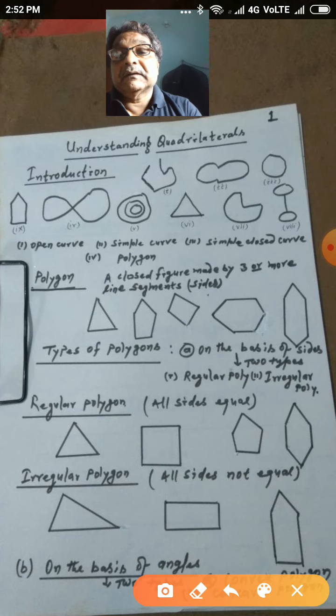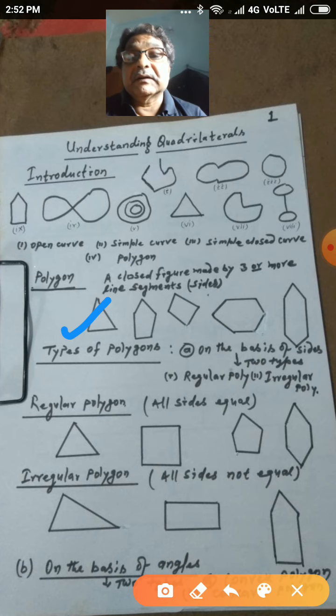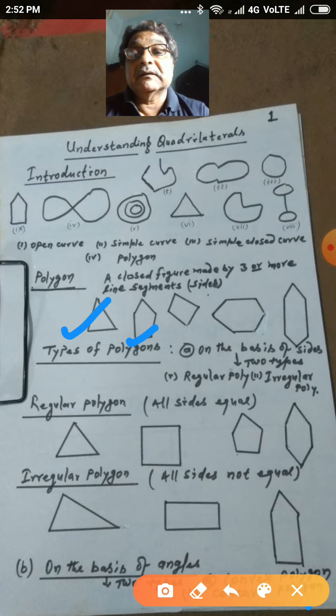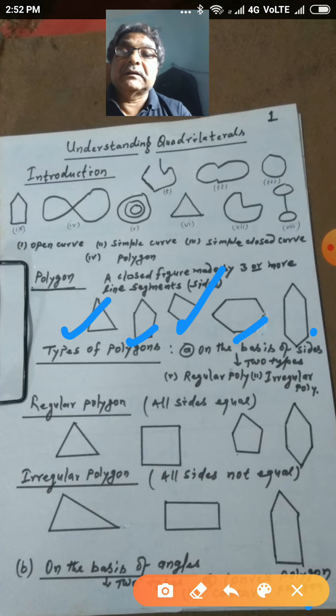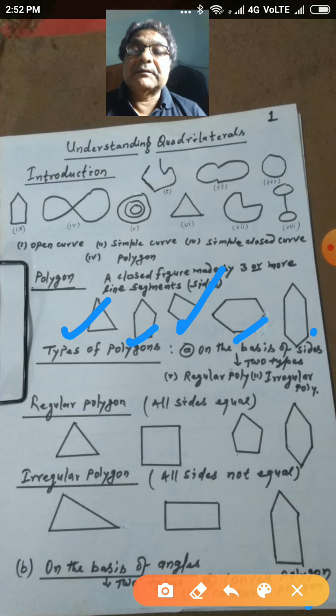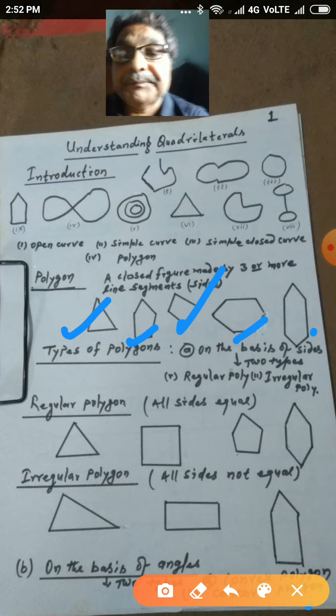Here examples are: this is a polygon of 3 sides, this is 5 sides, this is again 4 sides, and these two are 6 sides. So these are different polygons having different numbers of sides.